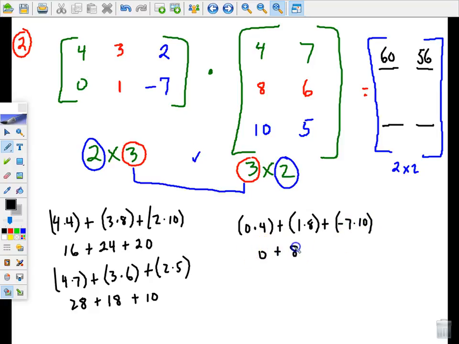0 plus 8 plus negative 70 is negative 62. And so for row 2, column 2, I'm going to use row 2 times column 2.